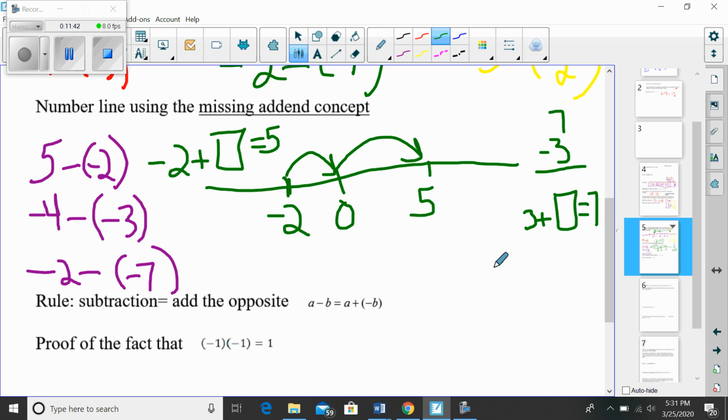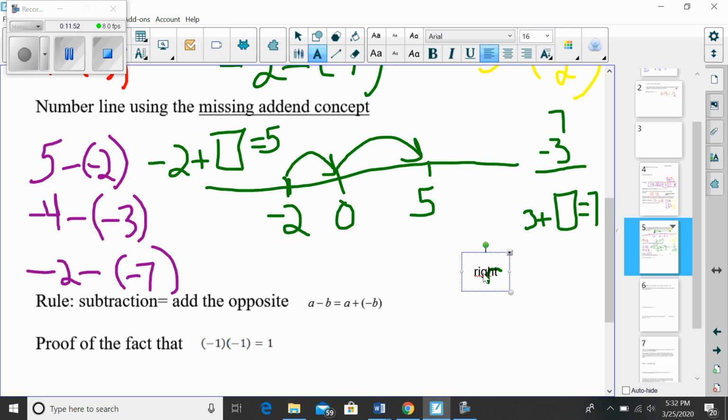One thing we need to note when using this method is that, actually let me wise up and use a text box. Right is positive, left is negative when we move.